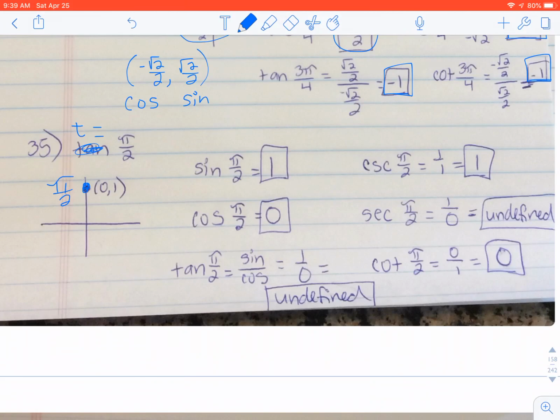Again, if you want to write your ordered pair, I'm going to write it bigger down here. We always have cosine, sine. So the sine of pi over 2 is 1. The cosine of pi over 2 is 0.